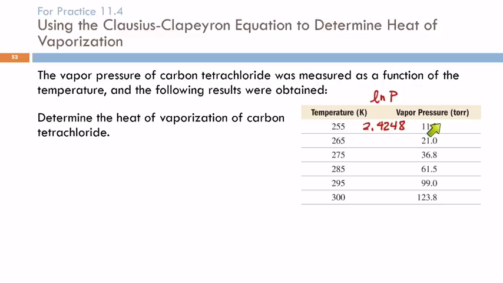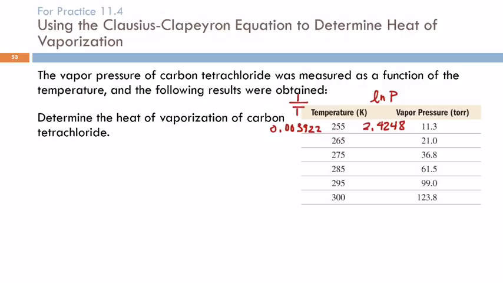And you would do that for each of these and calculate the natural log. And then for the temperature, we need 1 over the temperature in Kelvin. So 1 divided by 255 is 0.003922. And the unit on that would be inverse Kelvin.